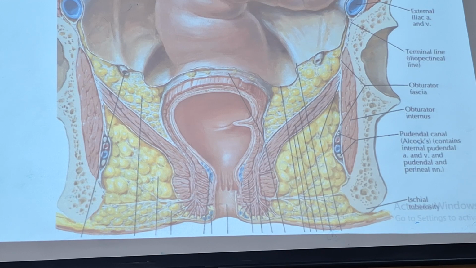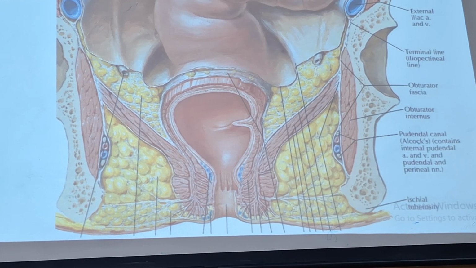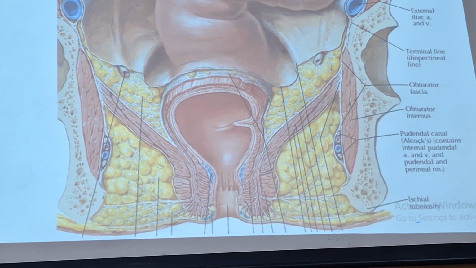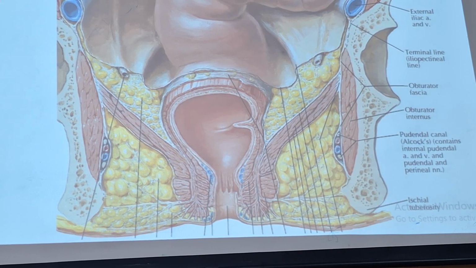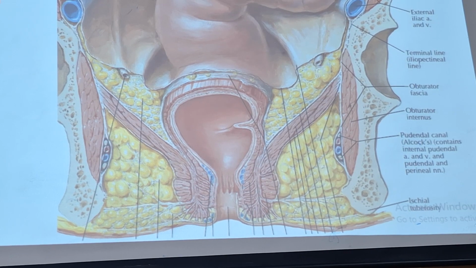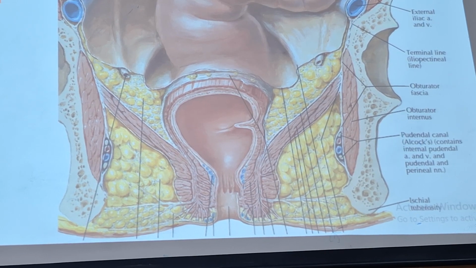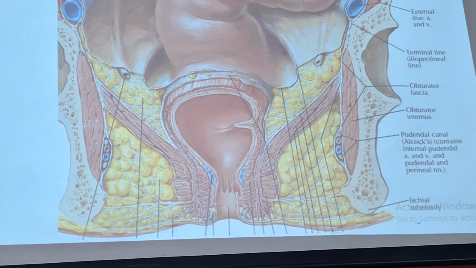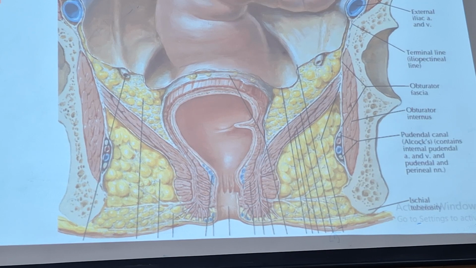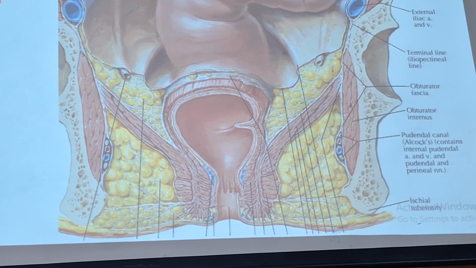Another fascia is named the lunate fascia. What does lunate mean? Moon shape, semi-moon shape. This is named the lunate fascia.